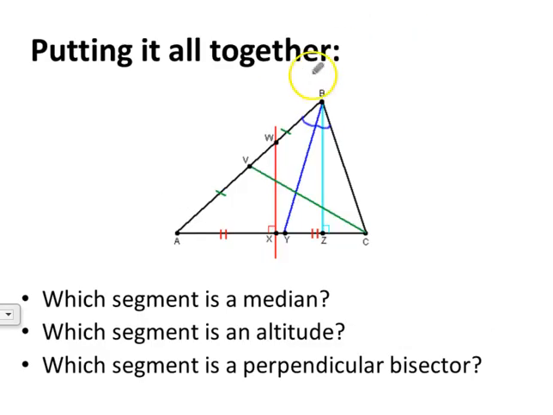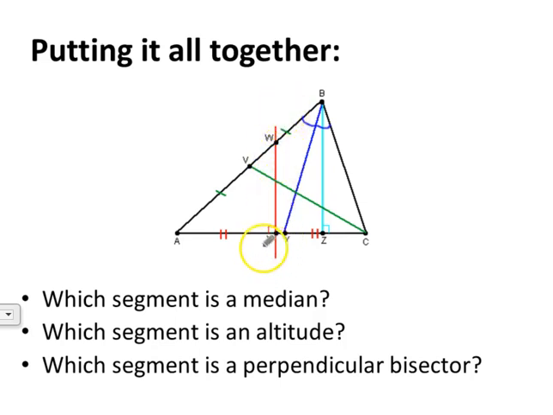And let's put it all together and identify. We've got a couple different segments in here: a red segment, a green, a blue, and this light blue here. So which segment is the median? What is the median again? Remember, a median has to start at a vertex. So right away we know this red one cannot be a median.